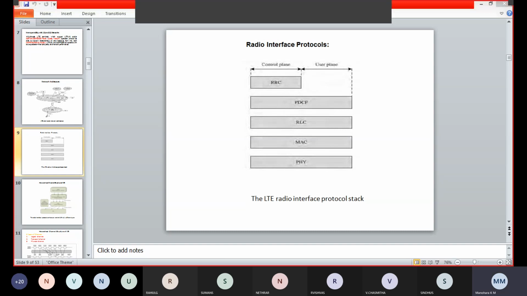The transparent mode is the simplest one, without RLC header addition, data segmentation or concatenation, and it is used for specific purposes such as random access.